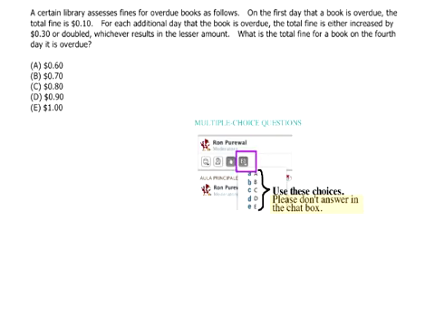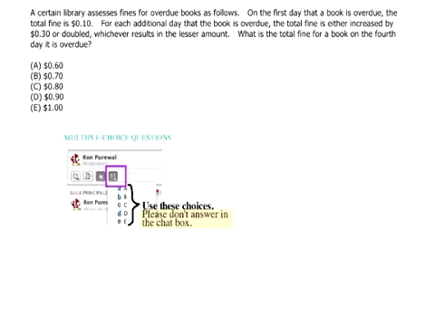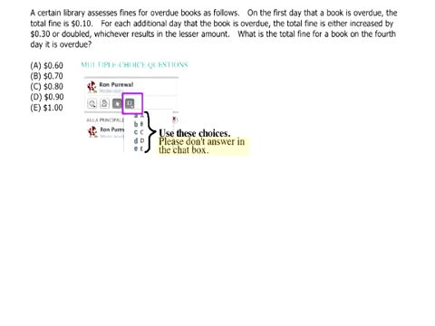Guys, I would think these directions would be clear, but please do not answer the question in the chat box, as it says on the screen. Thank you. Okay, if you don't have an answer to this, please pick one, and please pick it in the right place, guys. I think I'm going to start actually disabling the chat box while the question is on the screen. Okay, so at this point, Bill, I don't know if this is a practical joke on me, but do not answer the question in the chat box.